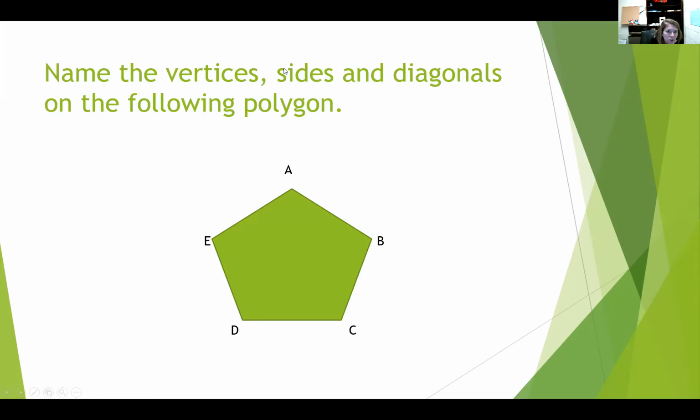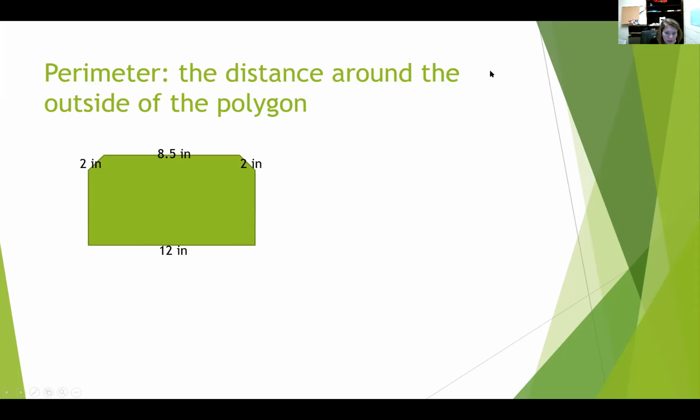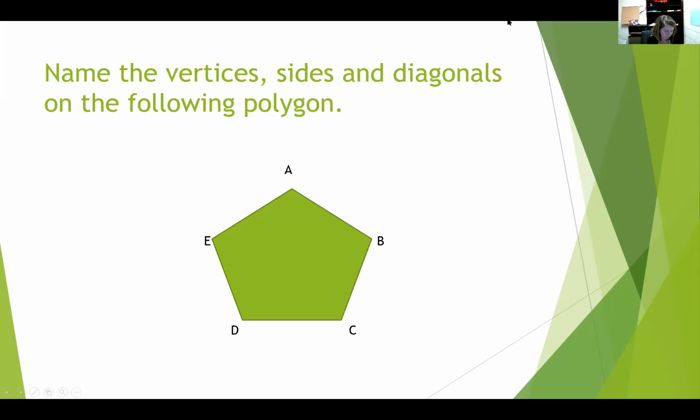So on this question, I want to name the vertices, the sides, and the diagonals of this. Okay, so the vertices of this would be A, B, C, D, and E. So A, B, C, D, and E. Those are the vertices.